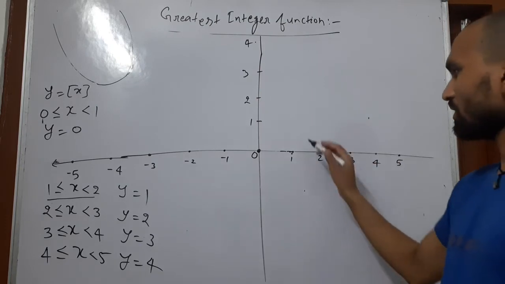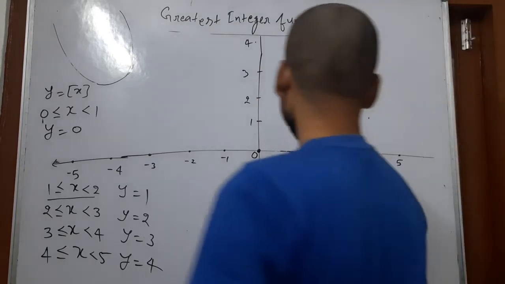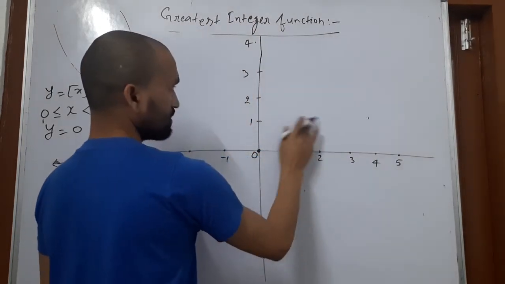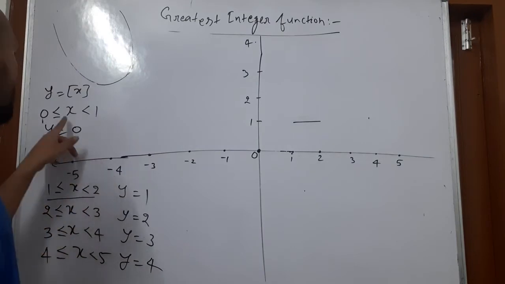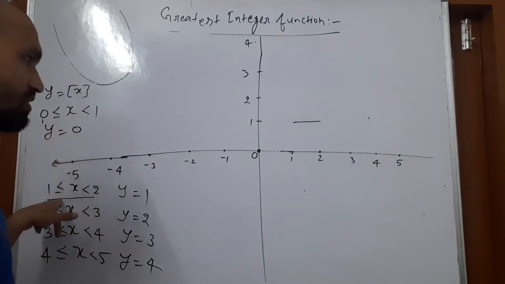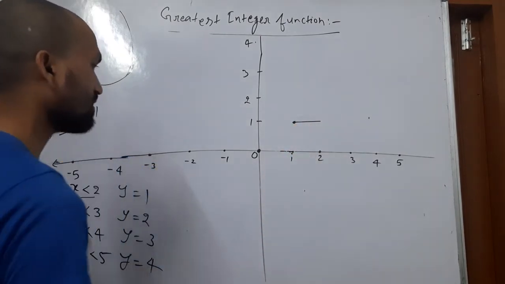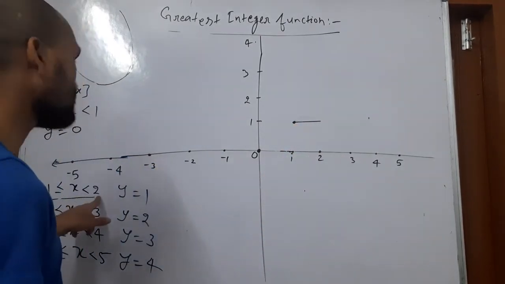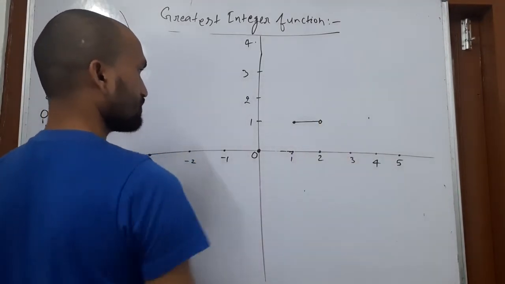So the y equal to 1 line will be here like this. Okay, and because 1 is included, we should draw a solid circle in front of 1, and since 2 is not included, we should take a hollow point in front of 2.